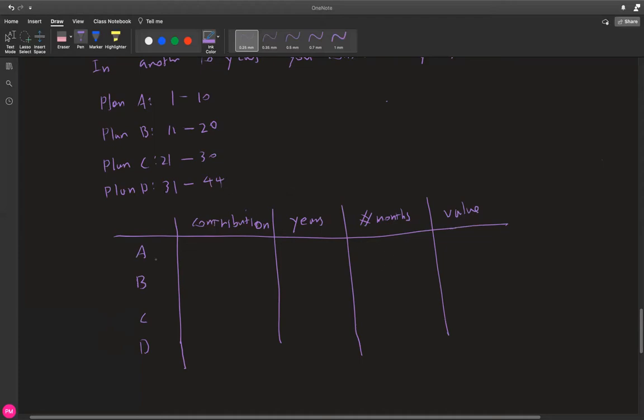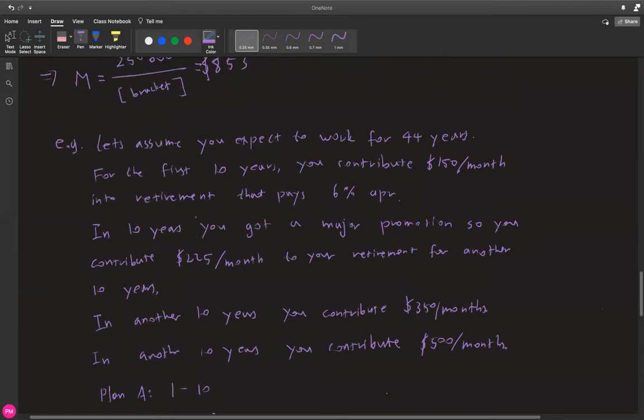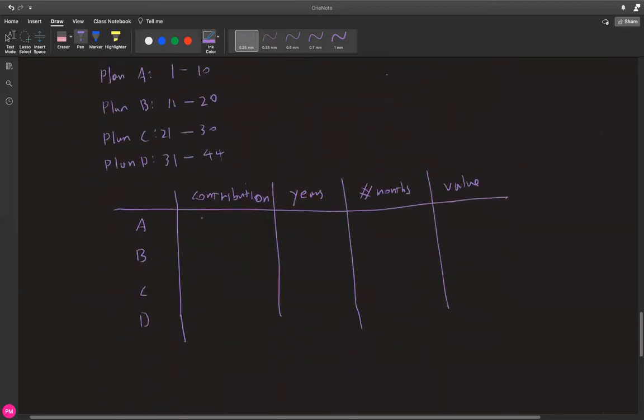So for plan A, you were initially making a $150 a month contribution. So the contribution here is simply going to be 150. But plan B is now 225. But instead of writing 225, I'm going to write the difference, which is $75.